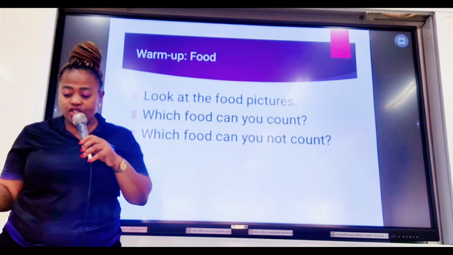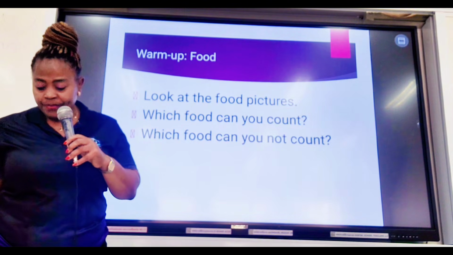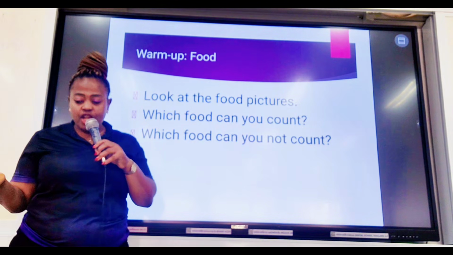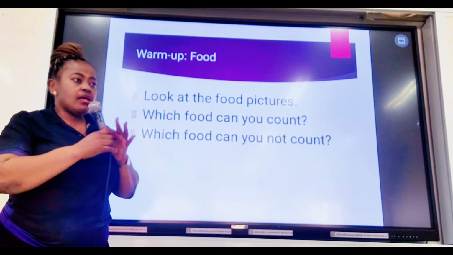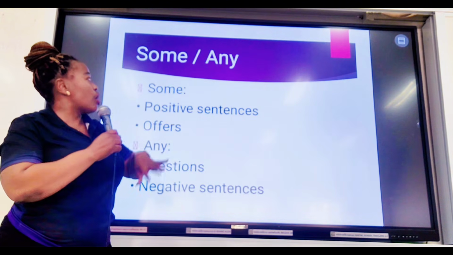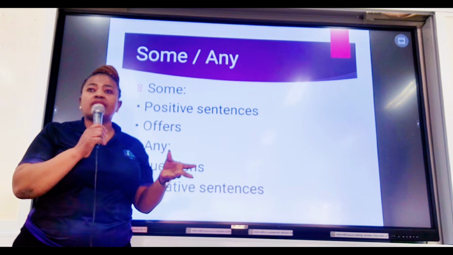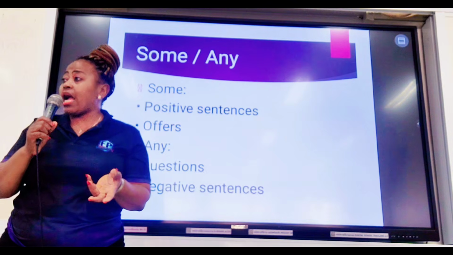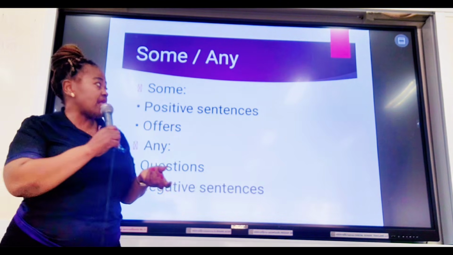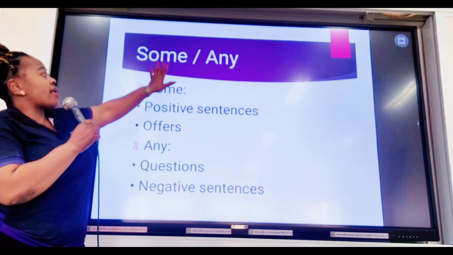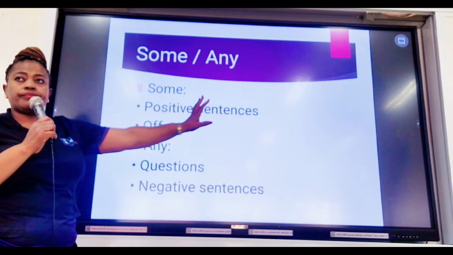There's butter, there's cheese, there's vegetable, and the rest. So now these ones you cannot count them. Why can you not count them? Because they are uncountable, right? We can't count them. So looking at some and any.